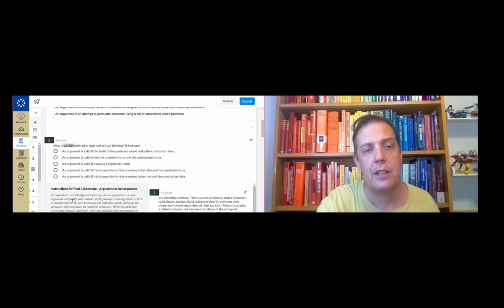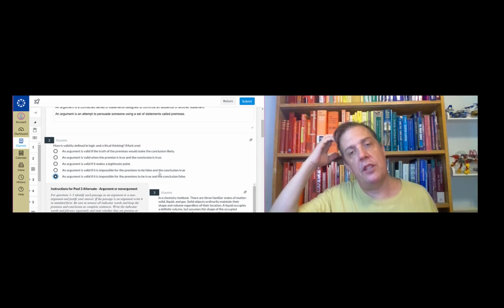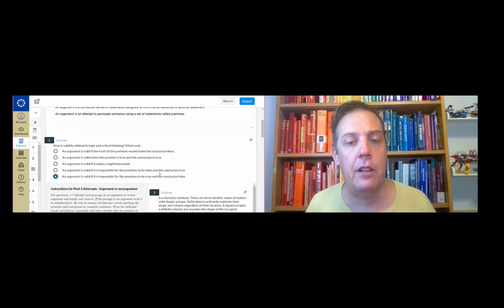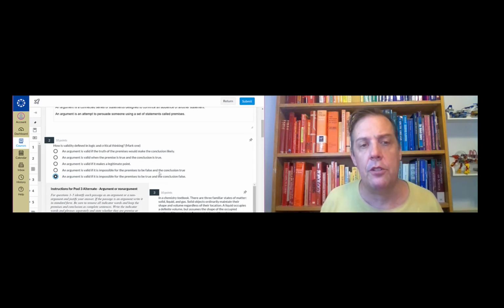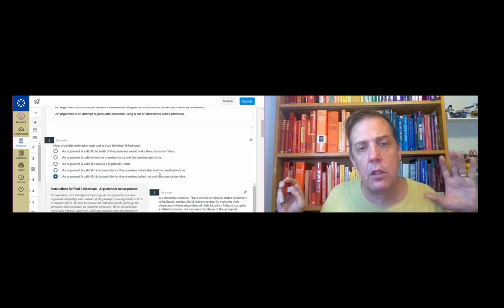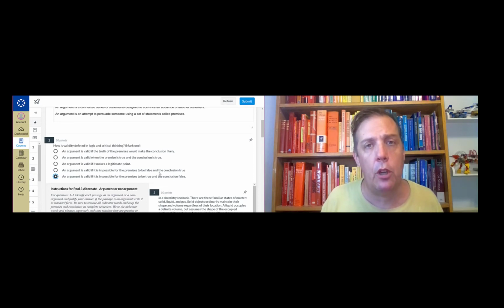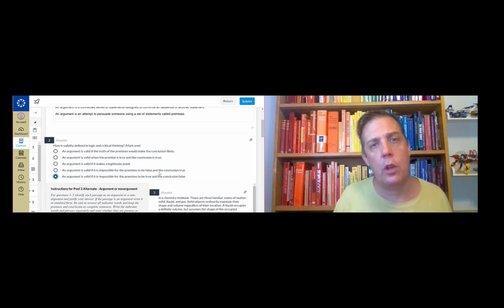All right, so the correct option is the last one here. And the second to the last distractor option just switches some words around, so it might be confusing. So this is a question that you should be able to get right on an open book and open note question, as long as you're reading carefully and paying close attention to what you're doing.